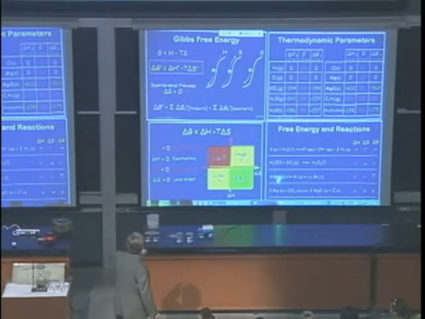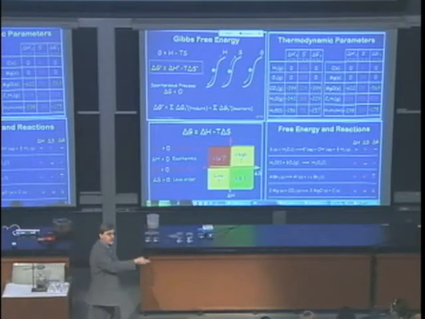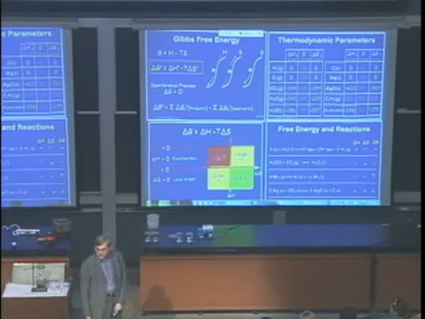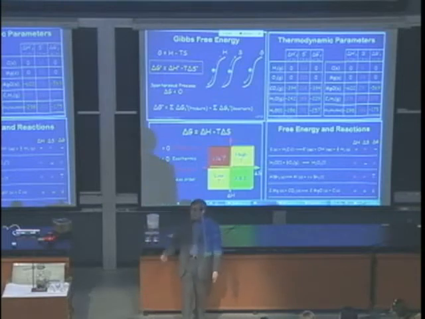Then we played a little bit with different conditions, whether H is exothermic or endothermic, and entropy increasing or decreasing. That means we looked at different temperatures, and then at the end we did some reactions. It was a little bit of fun. Of course, we used the reactions where delta G was negative.